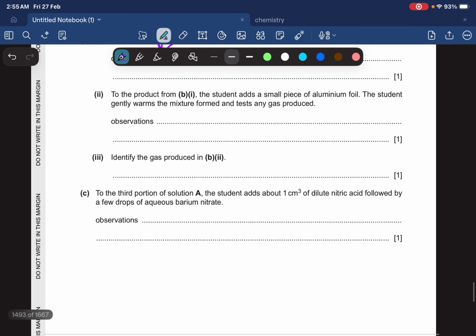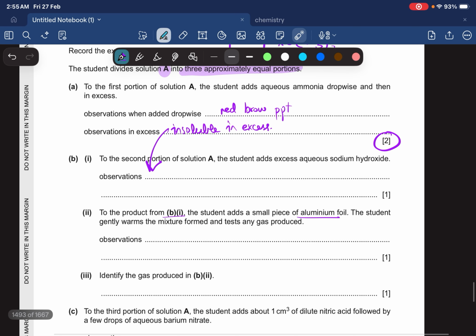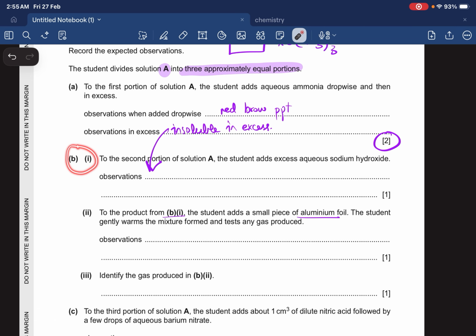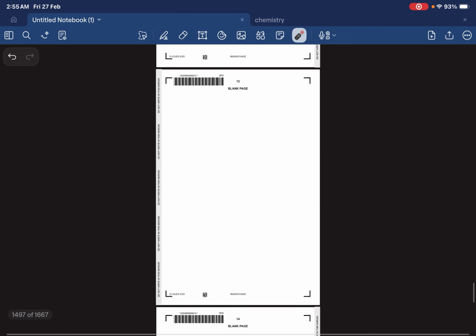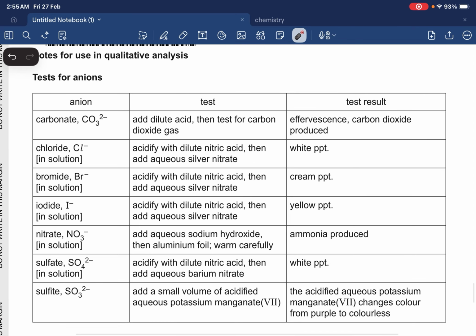Okay. To the product from B1, the student adds a small piece of aluminum foil. The student gently warms the mixture and tests any gas produced. Do you know why they said the product of B1? Because what's the test for nitrate? You add sodium hydroxide and then you add aluminum foil. So from the wording, the product of B1 means sodium hydroxide already added.